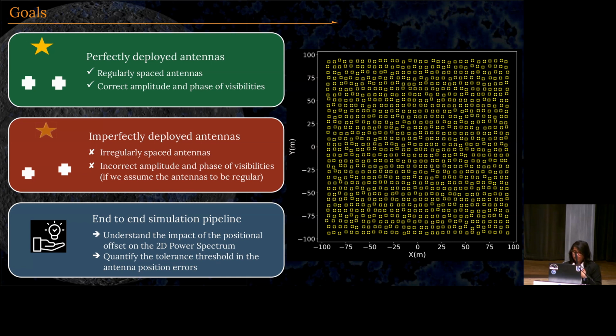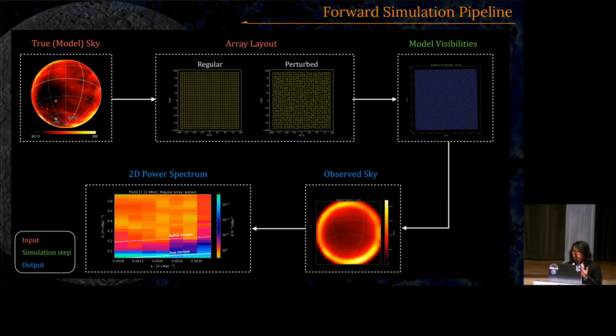This is the schematic of the first-order framework of my forward simulation pipeline. If you look at the top right, we have the inputs as the model sky. After that, we have the array layout as our input, which can be regular or irregular, and by irregular I mean perturbed antenna positions.